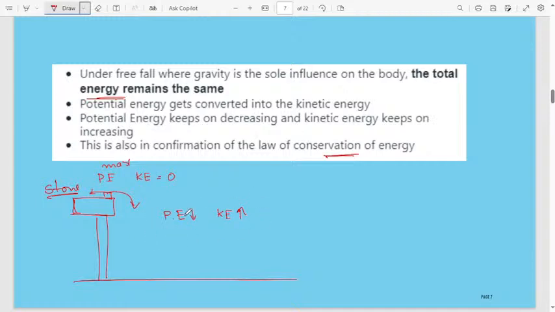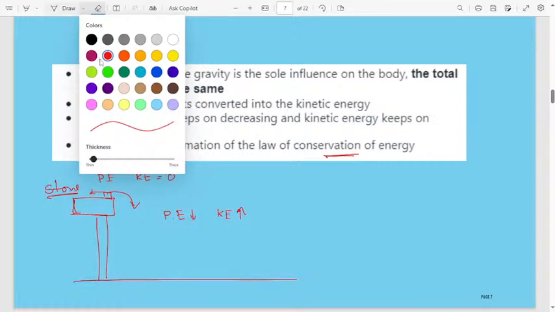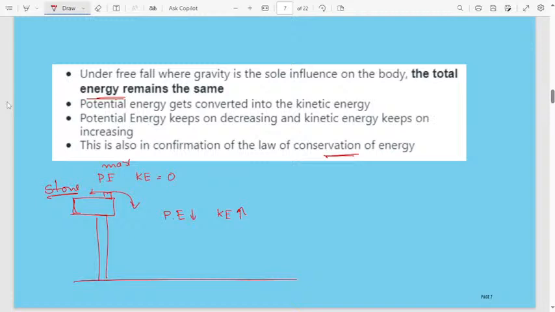Assume potential energy is decreasing, means -5, kinetic energy is increasing, means +5. -5 plus 5 is always 0. At a particular point in a freely falling object, the total energy remains the same, because the potential energy of the object decreases and kinetic energy increases. That's why.